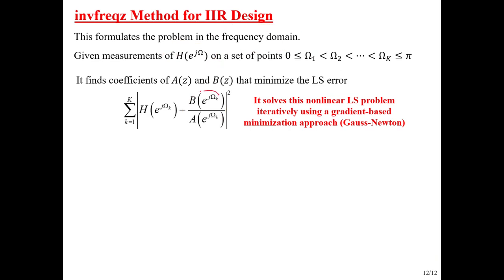So we could write this out in terms of the little b's, and we could write this out in terms of the little a's, and then we need to minimize this over the choices of the little a's and the little b's. And this turns out we're right back into a nonlinear least squares problem, but it's modern day. So we can solve this using nonlinear least squares methods, at least approximately solve it. And there's something called the Gauss-Newton approach. I think that's what's actually used inside the invfreqz command, but it is one of many approaches to solving a nonlinear least squares problem.